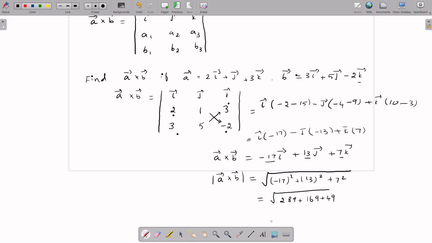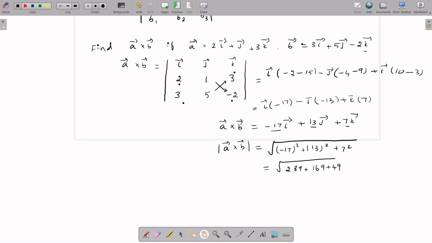Adding these up gives 507, so the square root of 507 is the modulus of A vector cross B vector.